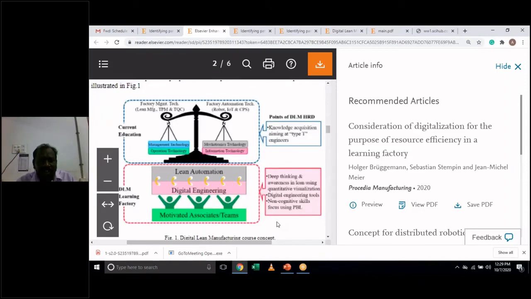The point of this HRD is that we have to make lean manufacturing, total productive management and total quality control.